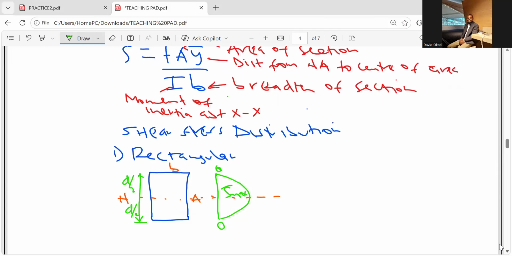Remember, this maximum shear stress at the neutral axis is given by 1.5 multiplied by the average shear stress. How do you compute average shear stress? You take the applied force F divided by the area, which we can have as BD because our rectangular section has dimensions B times D.